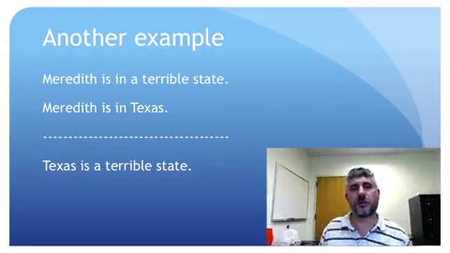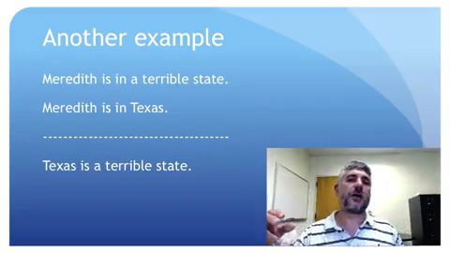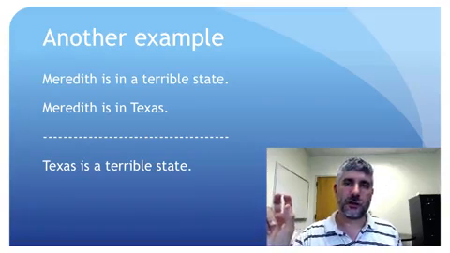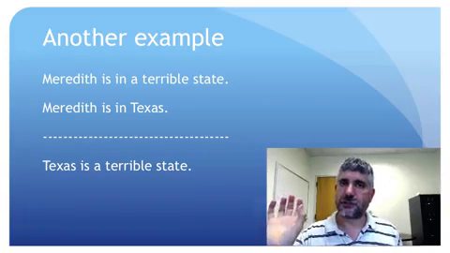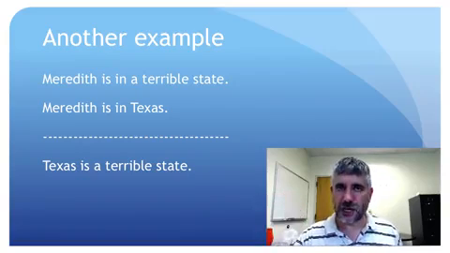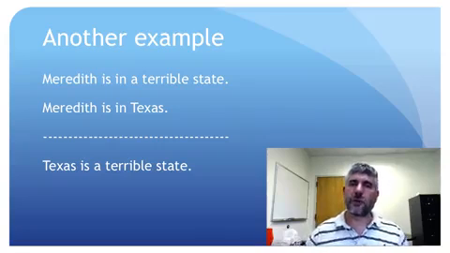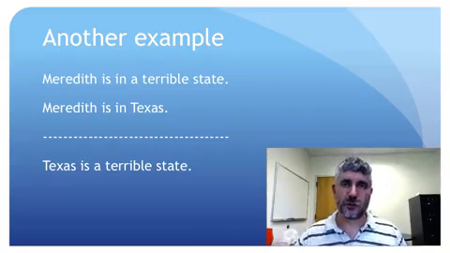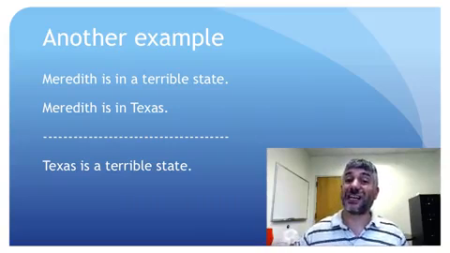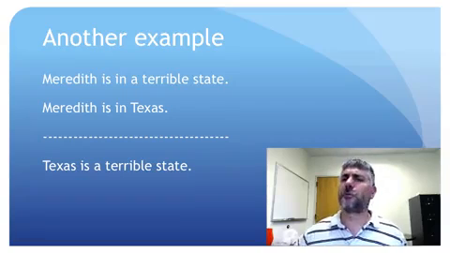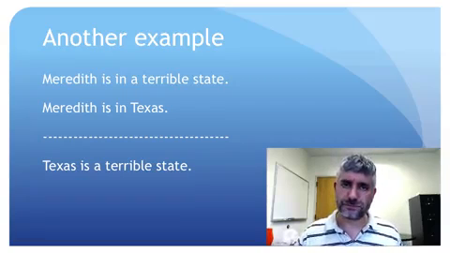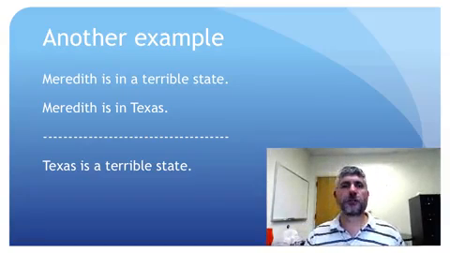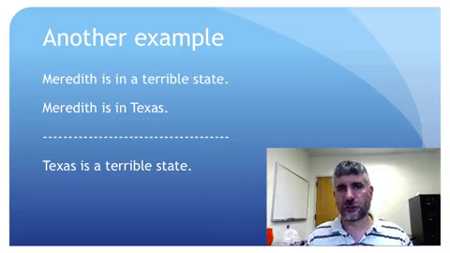Well, superficially, that might seem valid, but it seems that way only because we're relying on one interpretation of the phrase terrible state. The correct way to understand premise one is on the other interpretation, according to which a terrible state is a terrible psychological state, not a terrible political or geographical state. So when we say Meredith is in a terrible state, we're just saying that she's in a terrible psychological state.